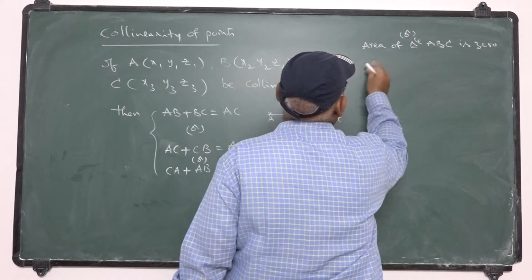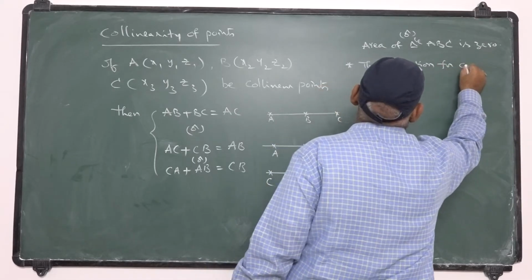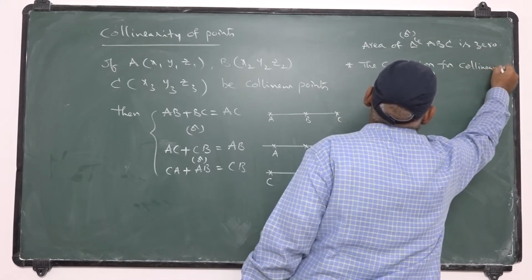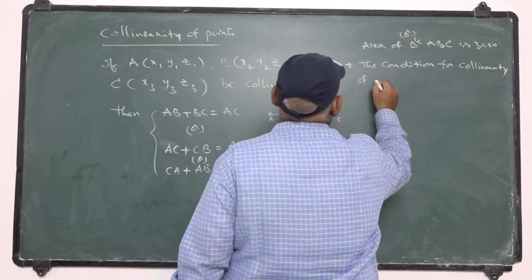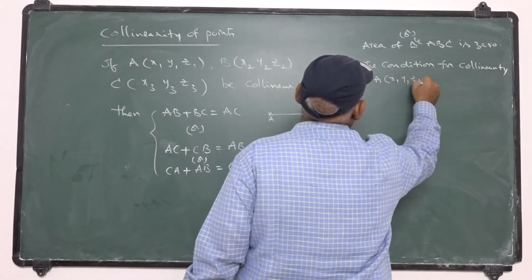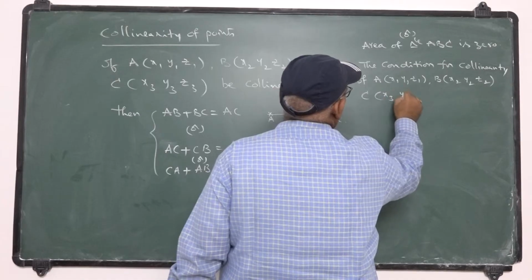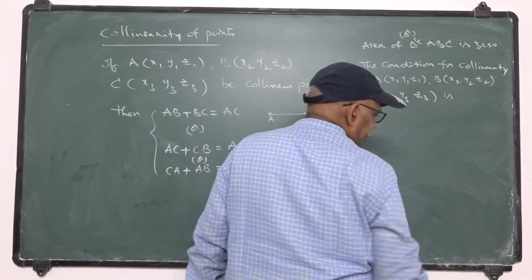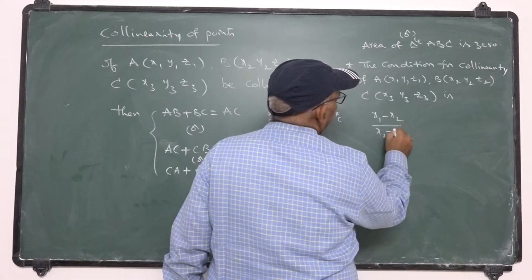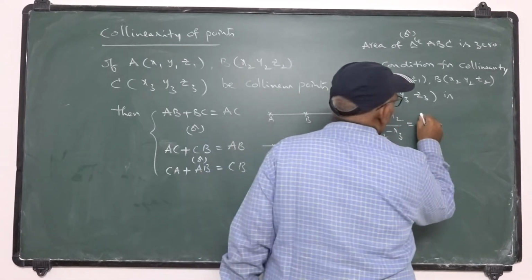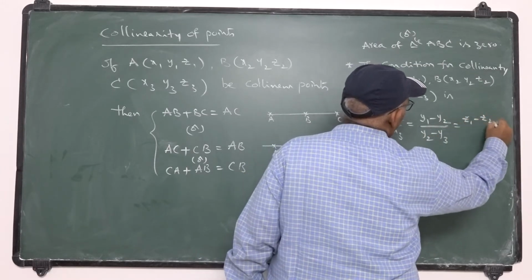Now the condition for collinearity of A(x1, y1, z1), B(x2, y2, z2), C(x3, y3, z3) is (x1 minus x2) by (x2 minus x3) equal to (y1 minus y2) by (y2 minus y3) equal to (z1 minus z2) by (z2 minus z3).